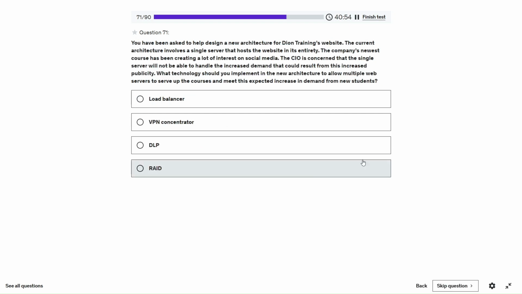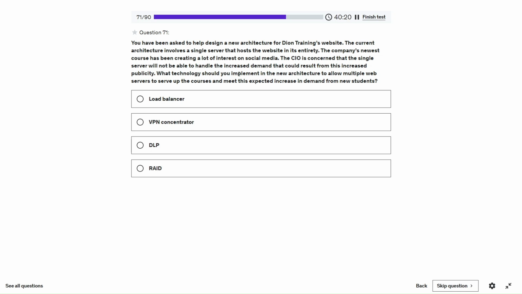You have been asked to help design a new architecture for the DION Training website. The current architecture involves a single server that hosts the website in its entirety. The company's newest course has created a lot of interest on social media. The CIO is concerned that the single server will not be able to handle the increased demand that could result from the increased publicity.